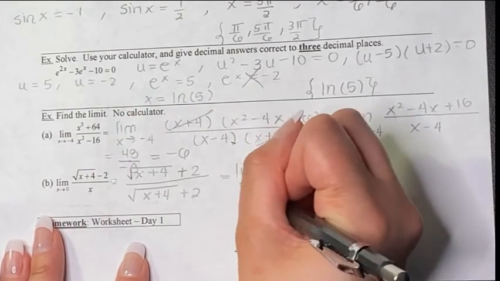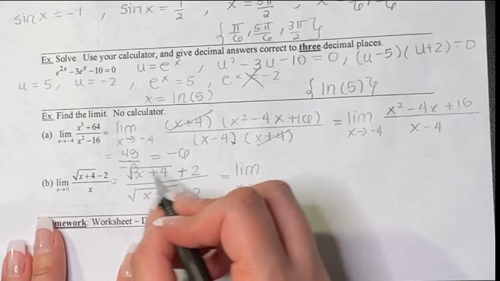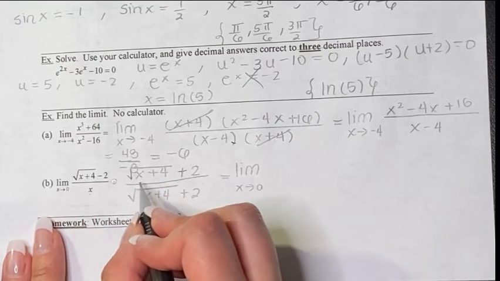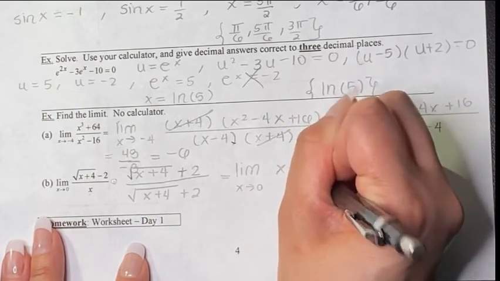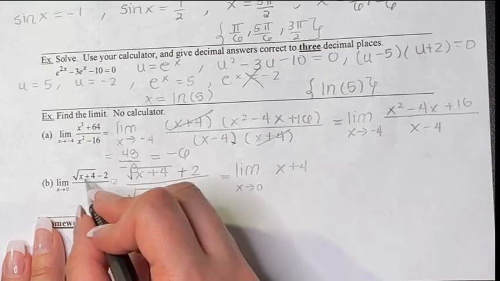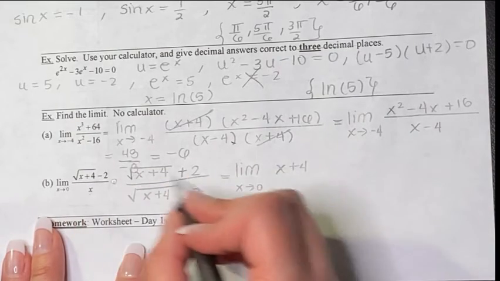It's going to be the limit of x that approaches 0, and then you're like, okay, then I need to distribute. Square root of x plus 4 times square root of x plus 4, that's going to be x plus 4. Then I know that since these two have a different sign, they are going to cancel.